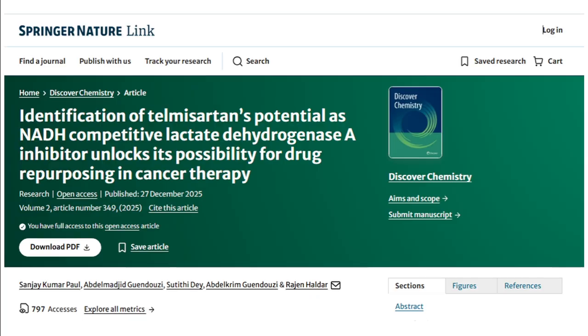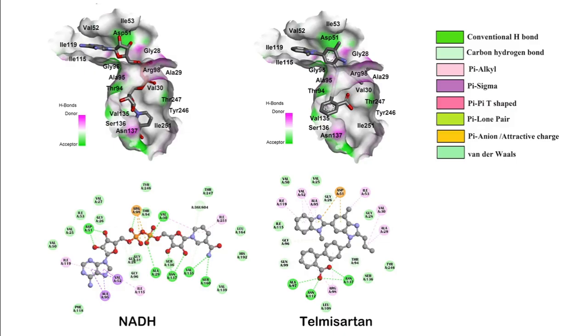It's an antihypertensive drug used to treat hypertension, and we found that the binding pattern of telmisartan is comparable with the binding pattern of NADH. That means the same kind of interactions. So it can mimic NADH, it can bind in that pocket, and it can also competitively inhibit the lactate dehydrogenase A activity.